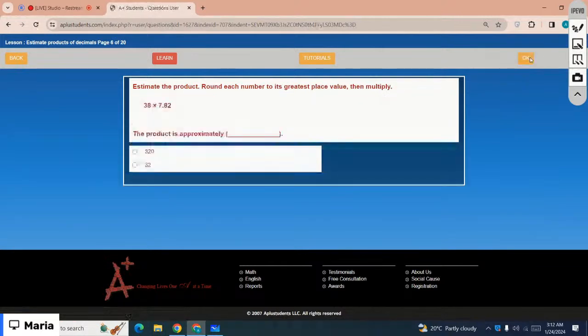Okay, the next one is estimate the product, round each number to its greatest place value, then multiply. So you have 38 times 7.82.